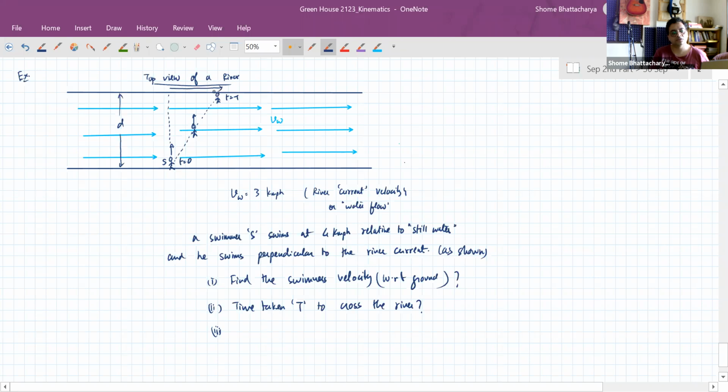If this distance here is x, then find the distance x by which he has drifted downstream.